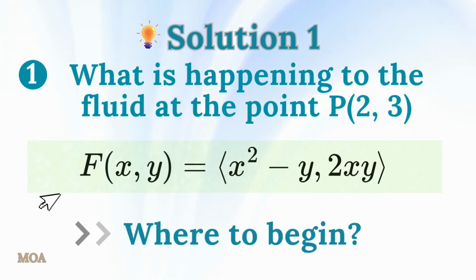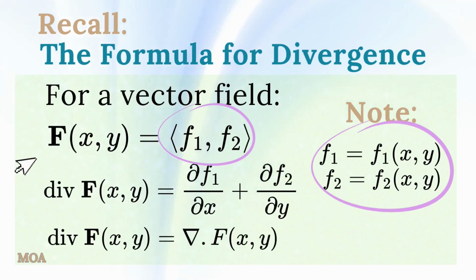Well, to solve this problem and determine what is happening to the fluid at the point P(2, 3), we rewrite the vector field F, given by F(x, y) = ⟨x² − y, 2xy⟩. At this first stage, many students ask where to begin. Before solving, it is helpful to recall the formula for divergence.